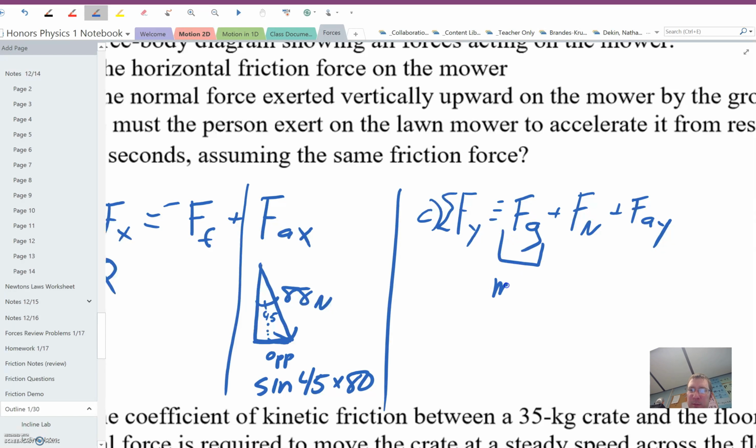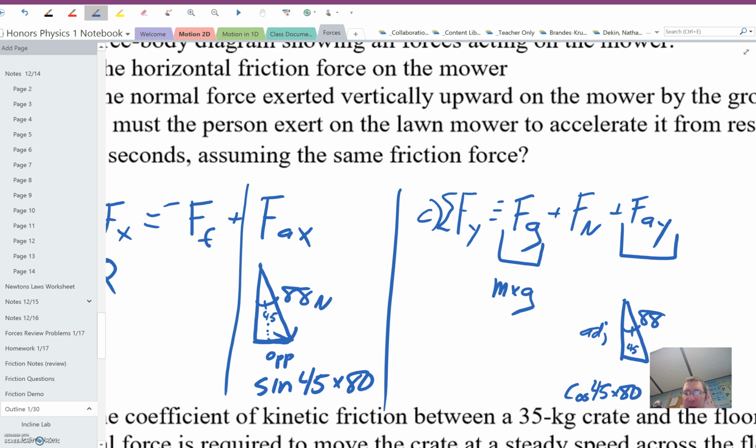Force of gravity is mass times gravity. Force applied in the y, again, we're looking at this triangle, 45 degrees, 88. This time we're looking for the adjacent side. It'll look like this.